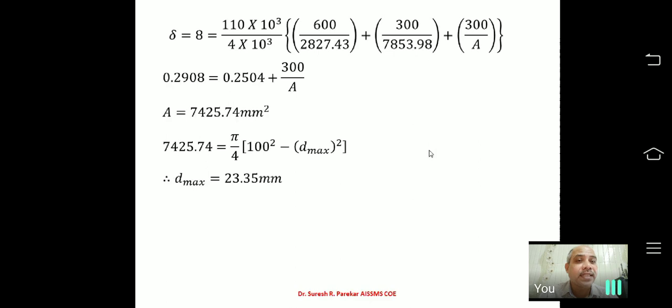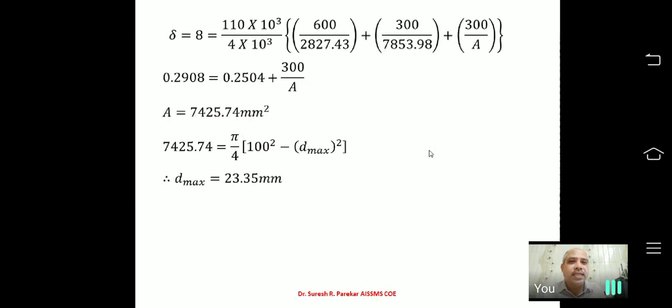Here we have to find this value of D max, and a limitation is given towards the shortening of the member, and I will get the value of D max as 23.35 millimeter. If we provide less than this, your delta will be within limit; if we go more than this, then your value of delta will be on the higher side. So I can make a hole of maximum 23.35 millimeter diameter.